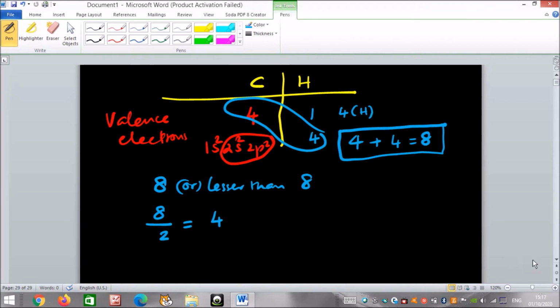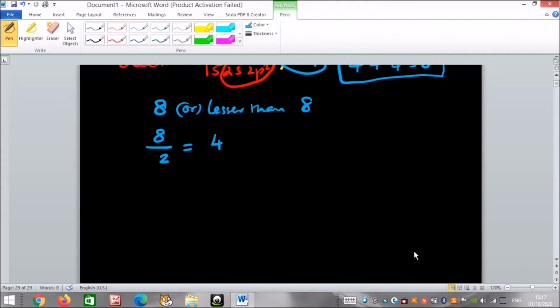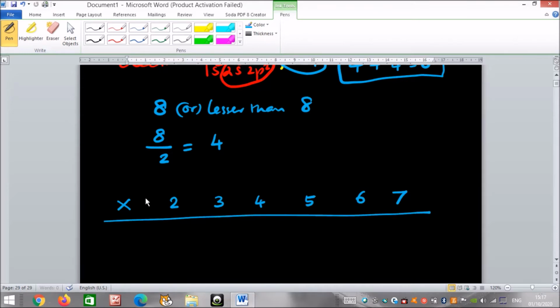This 4 is highly helpful in determining the type of hybridization. Here I am writing the hybridization number, x value is equal to 2, 3, 4, 5, 6, 7. The x values assigned here are highly helpful in determining the type of hybridization.